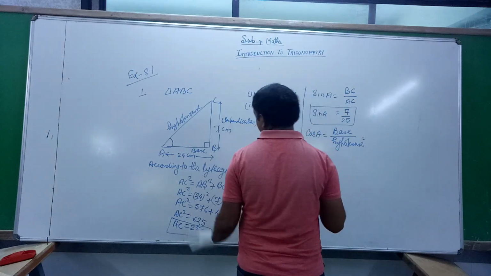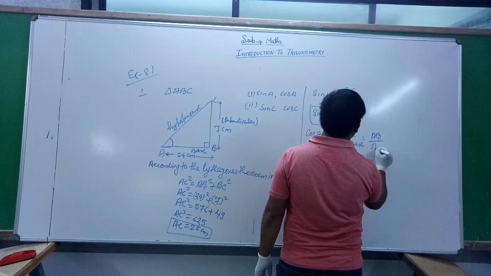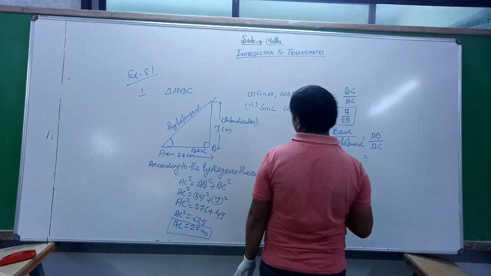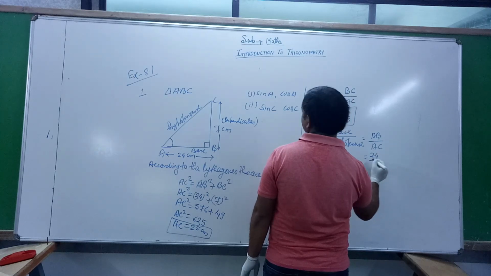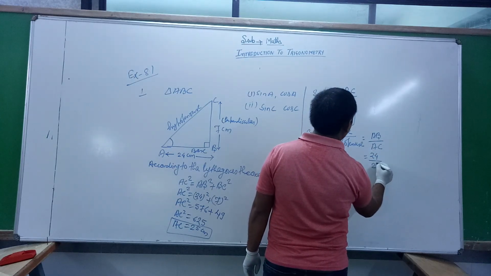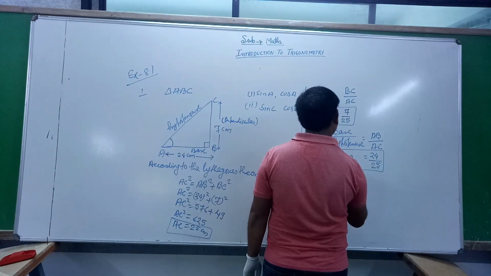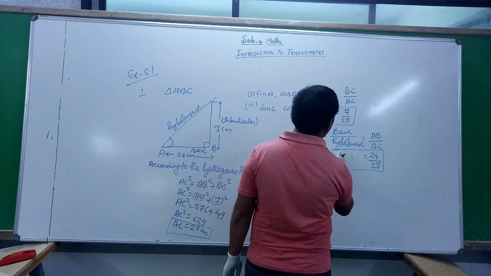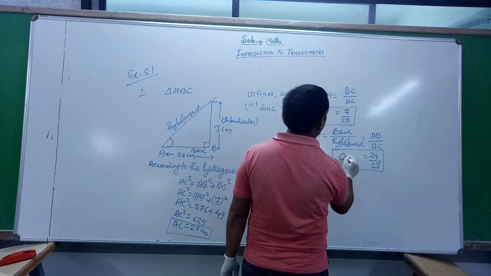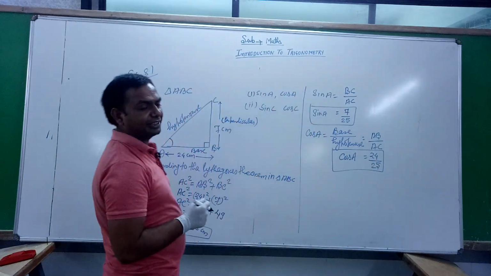The base is AB, and the hypotenuse is AC. So the value of AB is 24, and AC is 25, right? This is the value of cos A, not sine A. Then you find the value of sine A and cos A.